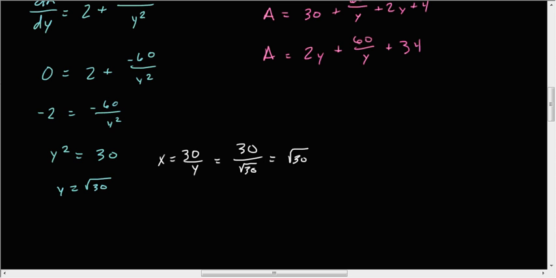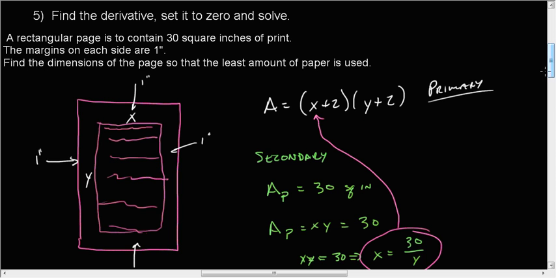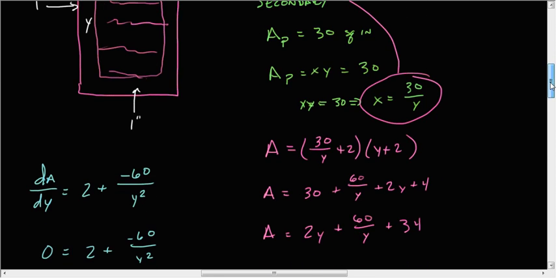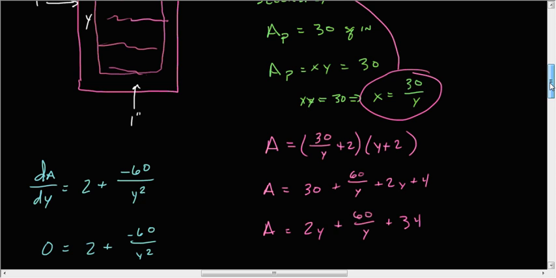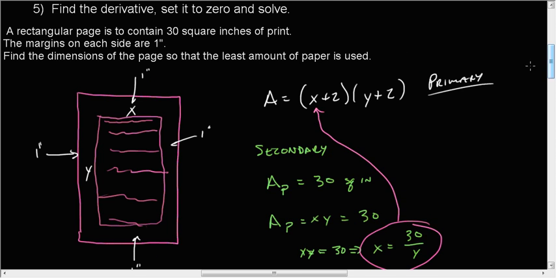But now, if we go back up to the question, that's not what it was asking. It was asking, what are the dimensions of the page so that the least amount of paper is used. And so now we have to go back up and add 2 to x and y, and there's the dimensions of the page.